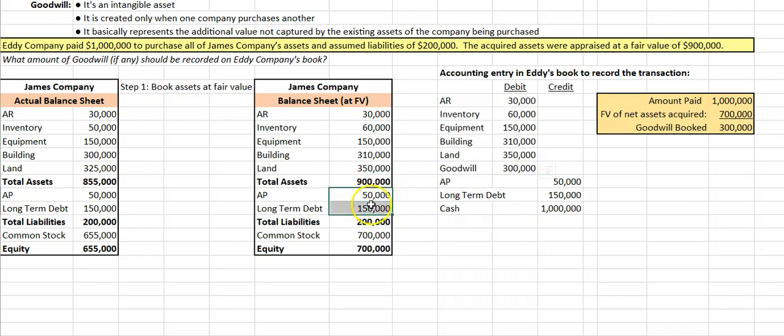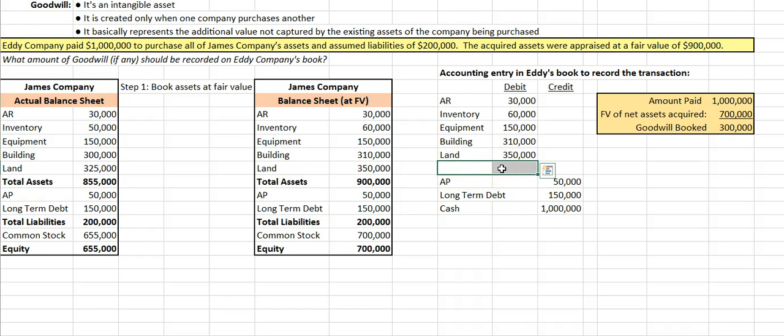It's also going to bring in the liabilities over here, which is the accounts payable and the long-term debt. That leaves this over here blank, right? So Eddy Company has a total of $1.2 million on the credit side and only $900,000 on the debit side.